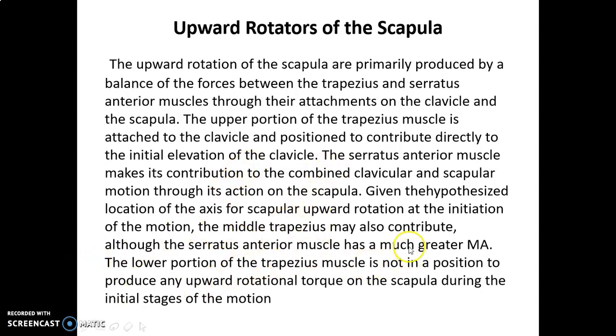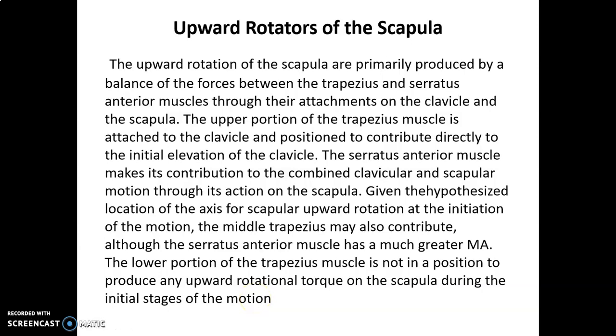The middle trapezius is also contributing, although the serratus anterior muscle has a much greater role, because the serratus anterior has a larger moment arm compared to that of the middle trapezius as an upward rotator. The lower portion of the trapezius muscle is not in a position to produce any upward rotation torque on the scapula during the initial stages of the motion.